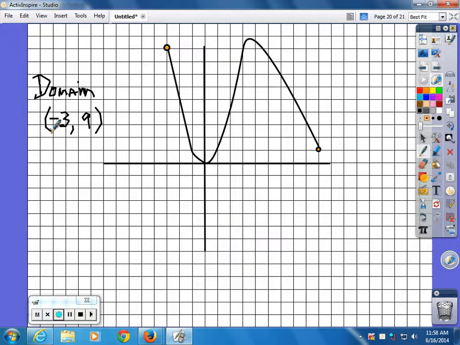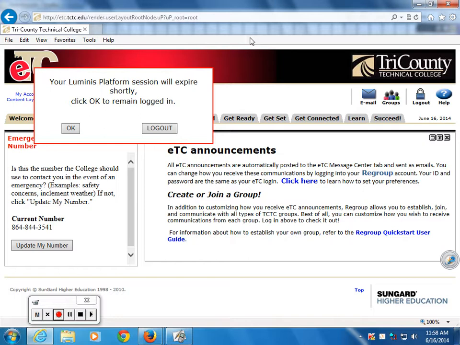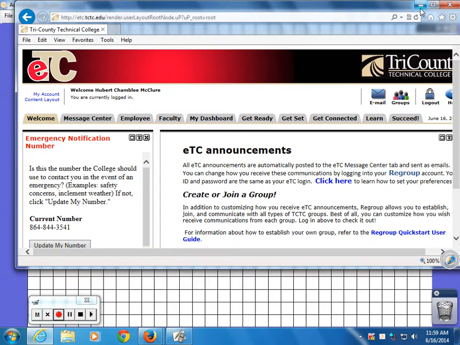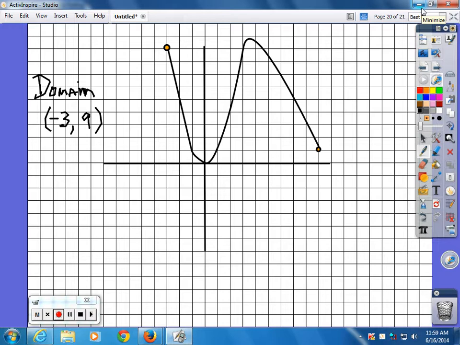Be careful here. Your range is going from 0 to, hold on, let me go through the bureaucracy. 1, 2, 3, 4, 5, 6, 7, 8, 9, 10.